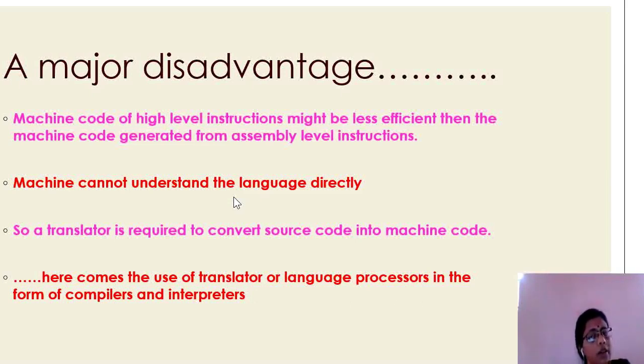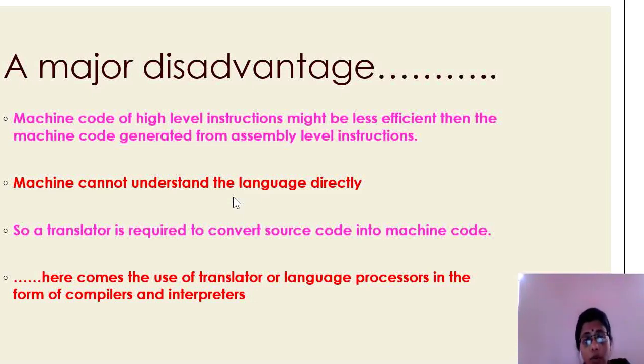Here, there is a term called source code. What is source code? The coding or the program which you write in your English-like words, that is in your high-level language, that coding you call source code. After 2 or 3 lessons, you are also going to write programs. Whatever you write as Java programs, we call source code.